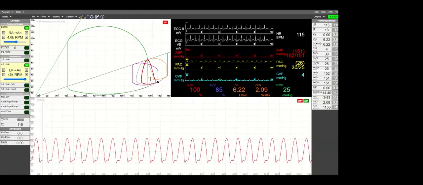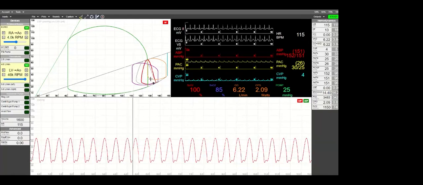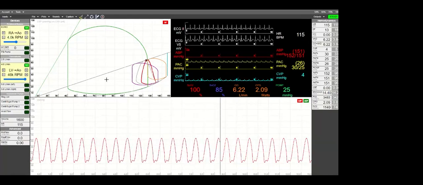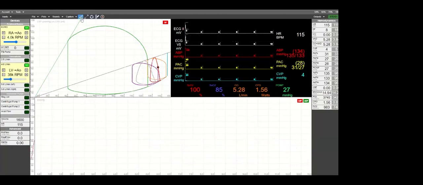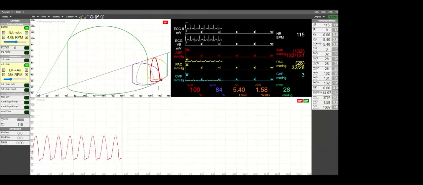So the Impella is not only focusing on that cardioprotection, but it's also helping with the systemic perfusion side of things. And this is with the RPMs all the way up. Even if we take it down to a more realistic, P2 to P4 level, we still get a significant amount of reduction in that loading condition.